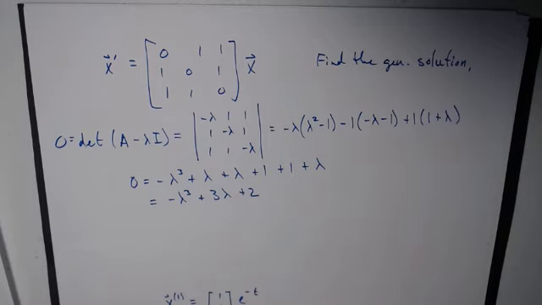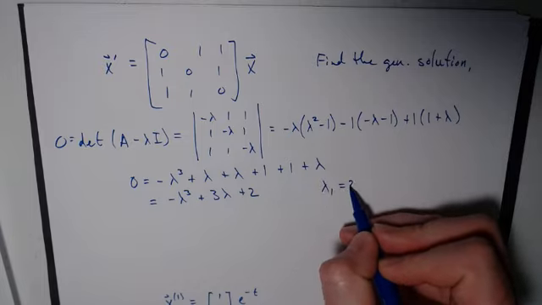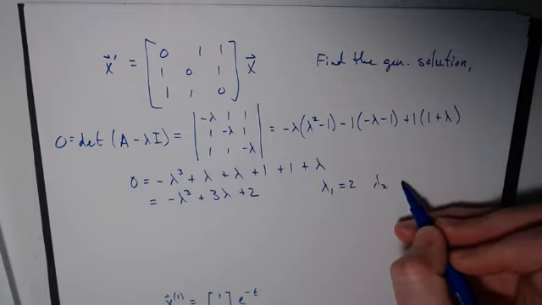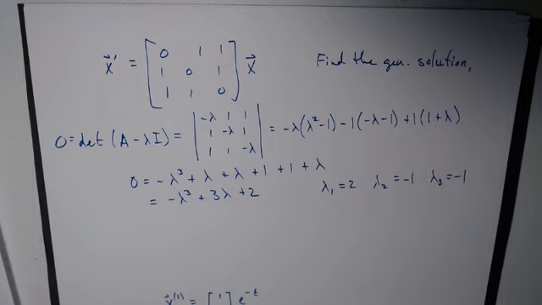Then I would divide out by lambda minus 2, and I'd get a quadratic. And when it's all said and done, you end up with lambda 1 equals 2, lambda 2 equals negative 1, and lambda 3 equals -1.